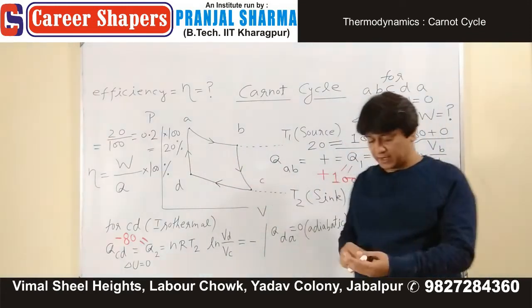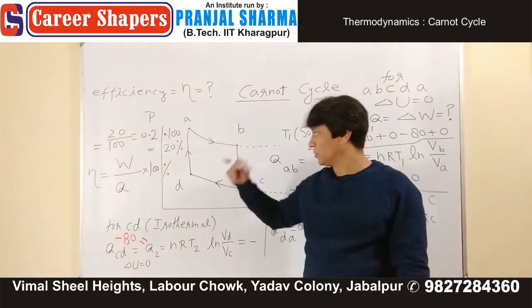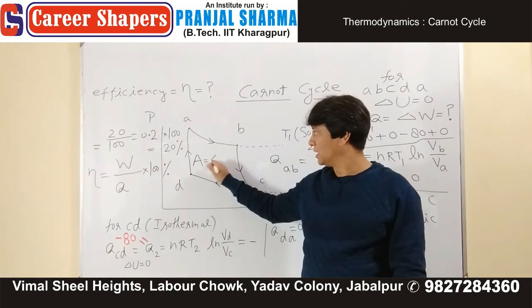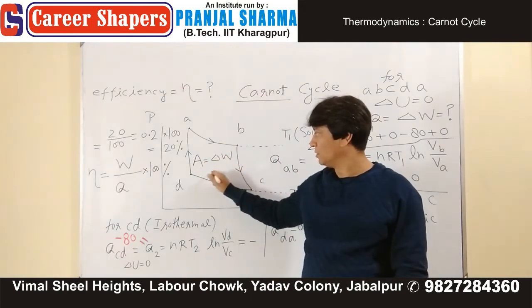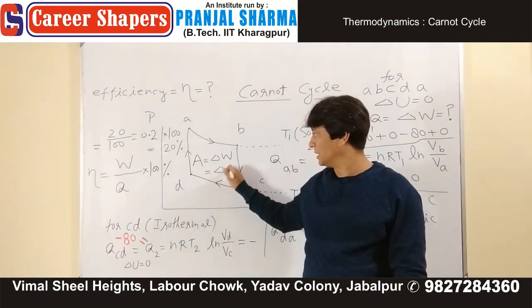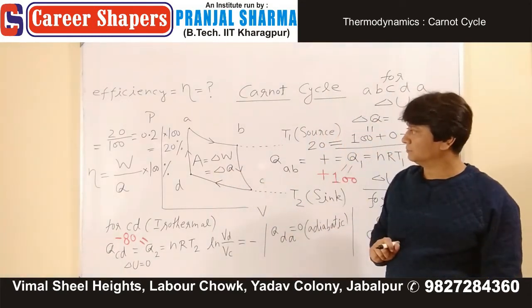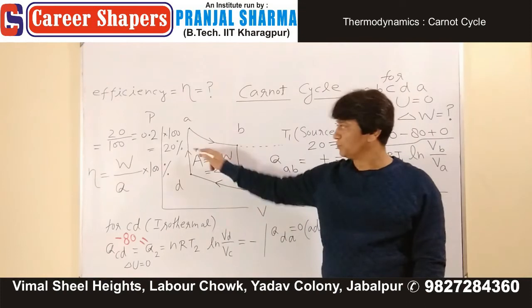If you wish, you can write like this: the area is delta W, which is also delta Q. This much area.